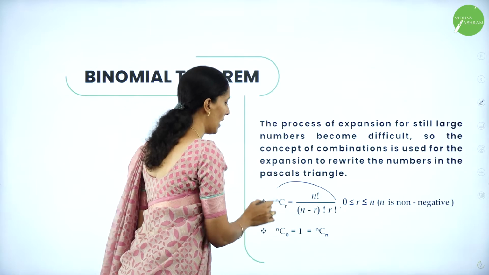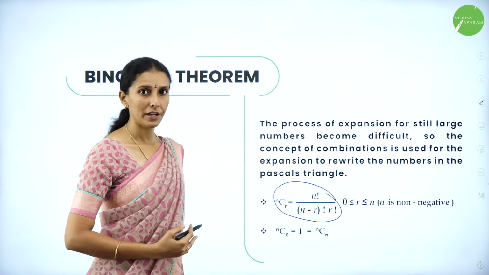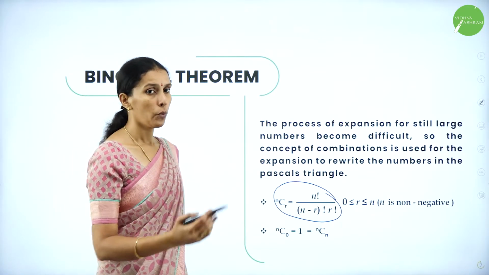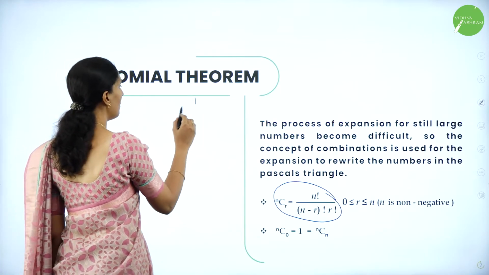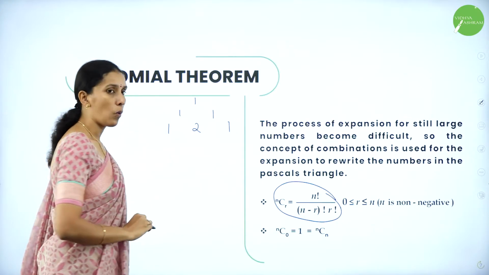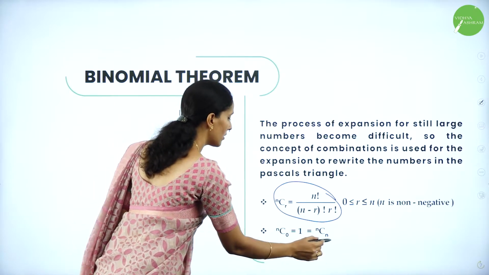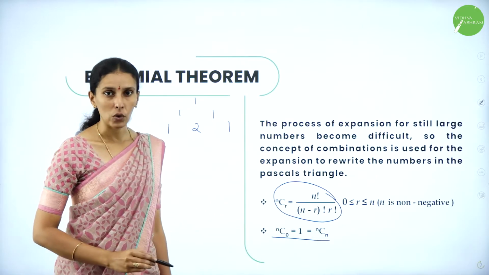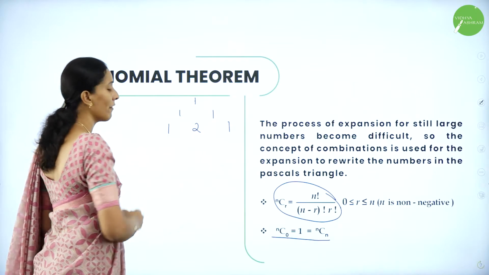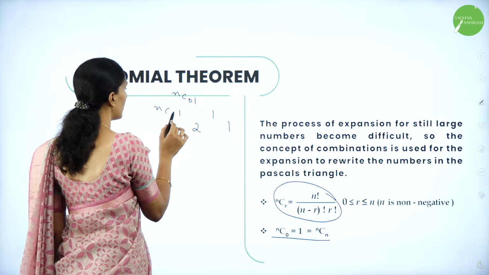So this is the formula. Why is the combination formula used instead of coefficients in the Pascal triangle? We will see now. So we have a Pascal triangle like this. What does 1 mean in the combination formula?